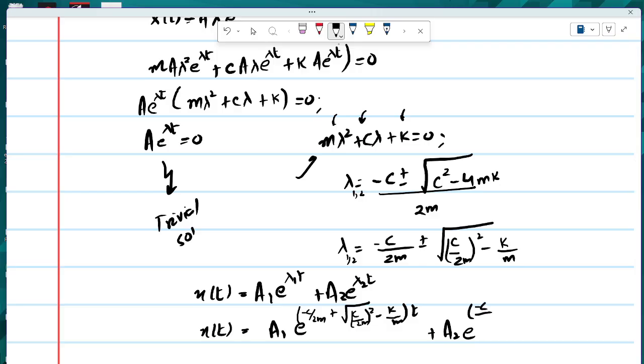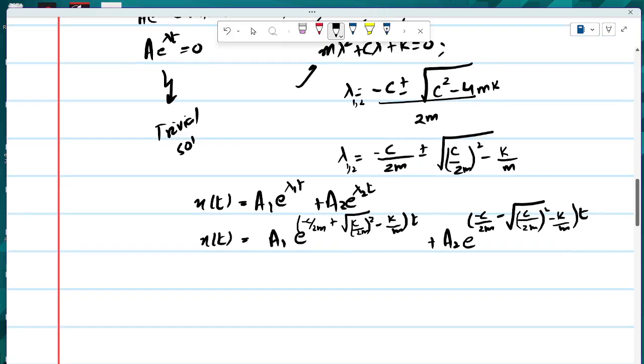It becomes minus c over 2m minus under root c over 2m square minus k over m into t. So that's the total solution, where a1 and a2 are constant values.